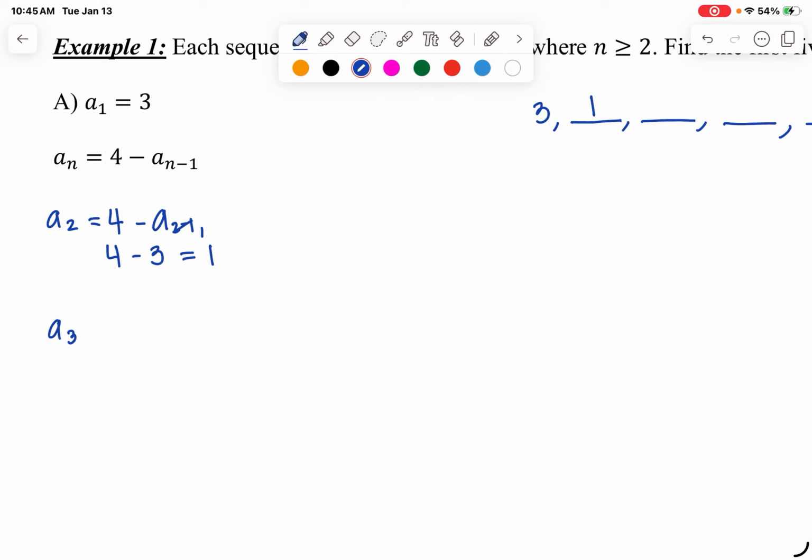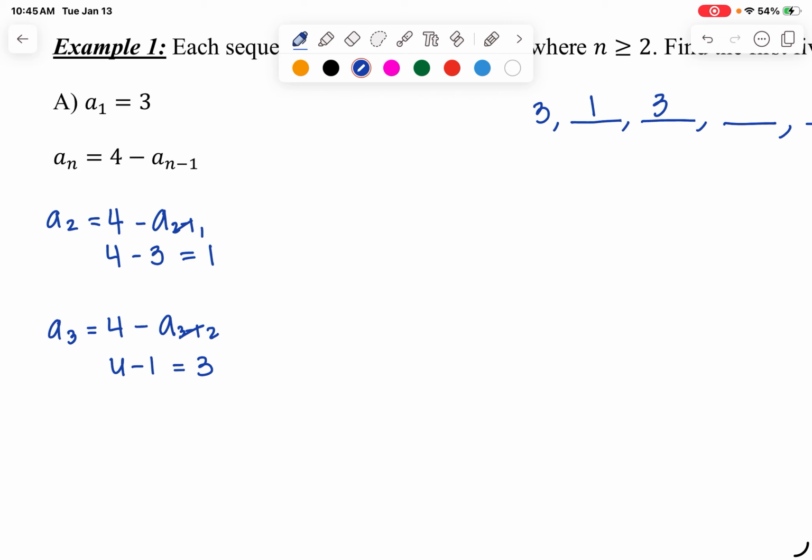To get a sub 3, you do 4 minus a sub 3 minus 1, which is a sub 2. A sub 2 is 1, so you do 4 minus 1, which is 3. That's how you do it mathematically. If you want to do it that way, I will never stop you.